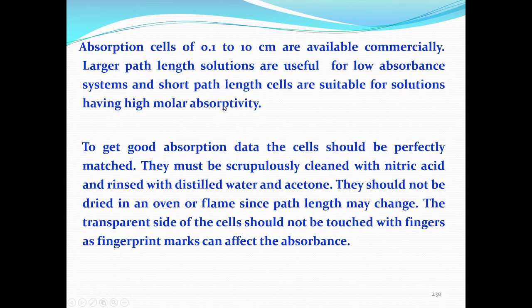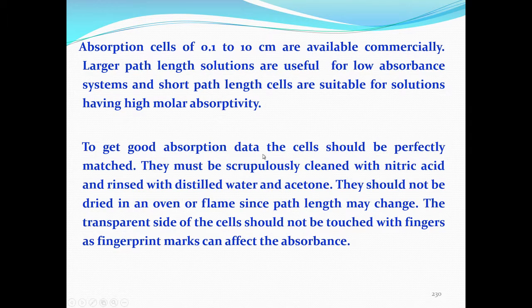So, for higher absorption go for smaller cells of about 0.5 centimeter, 0.2 centimeter like that, and larger ones, 2 centimeter, 5 centimeter, 10 centimeter cells, are useful for the visible range as well as UV, but the absorbance must be very low, then only can you handle Beer-Lambert's law comfortably.